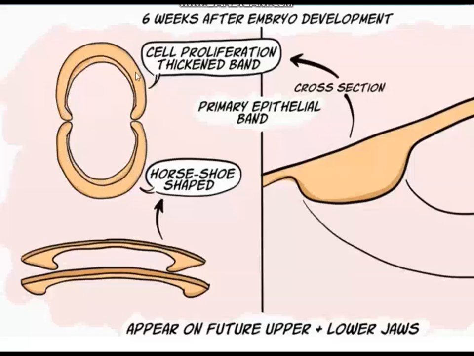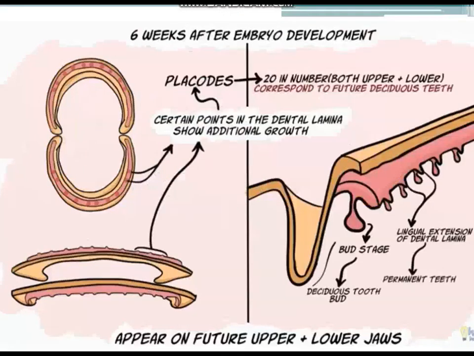That is a band of cells, and we can call it the dental lamina. Pay attention to the illustration. In cross section we will see it like this, and from it we will have the next step.